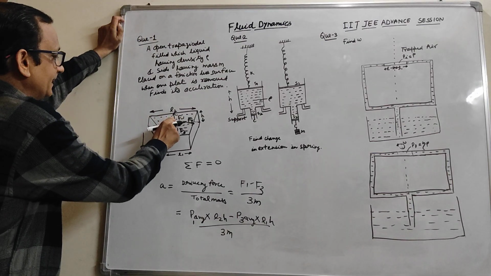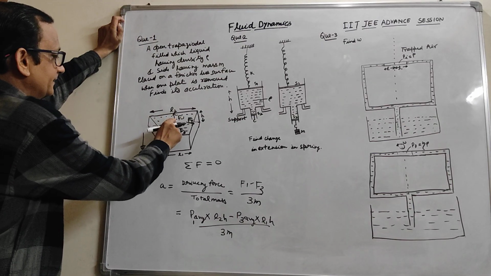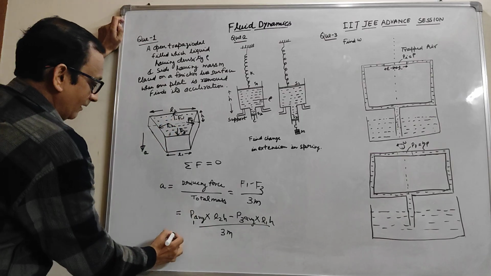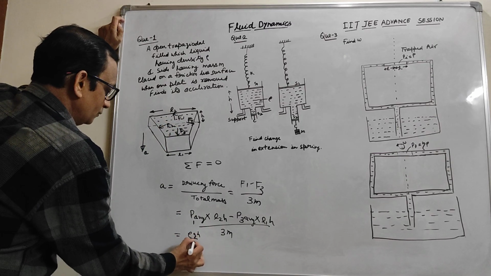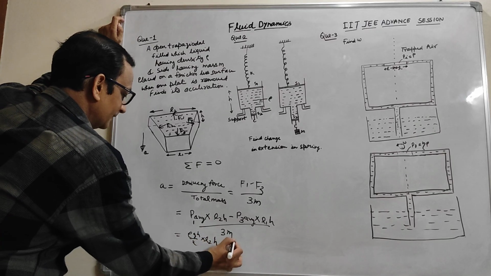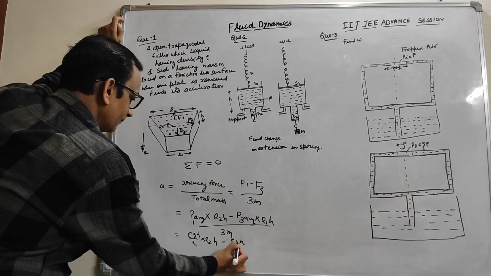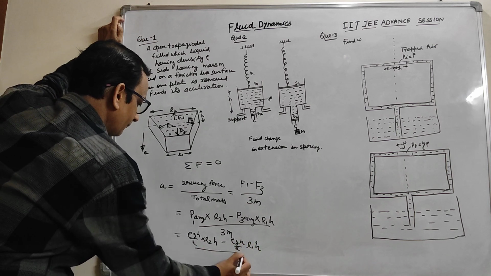So the average pressure acting on the plate gives rho gh by 2 into L2 H minus rho gh by 2 into L1 H, upon 3m.